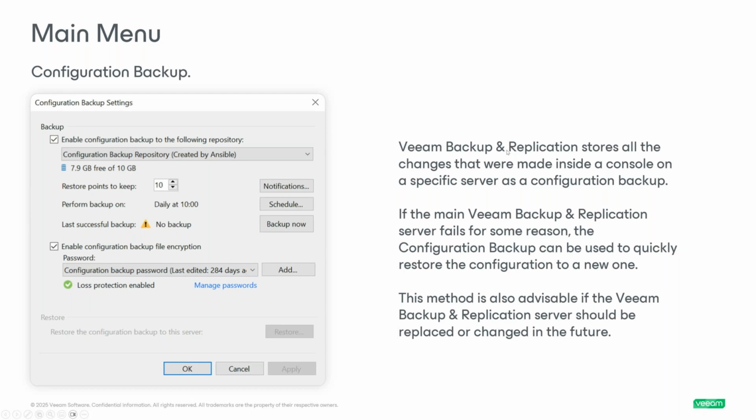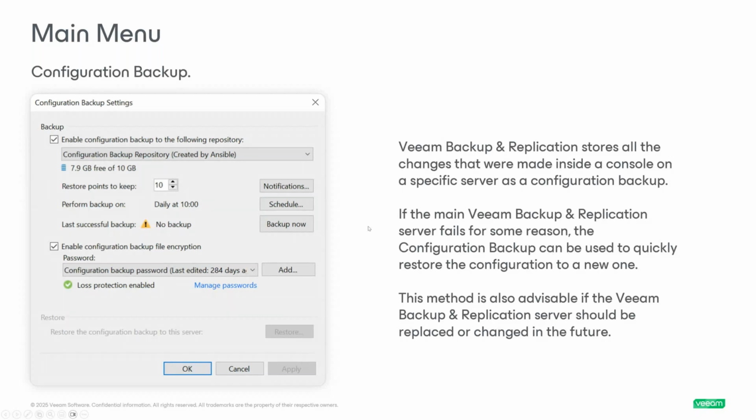It allows you to create a configuration backup policy, with a number of restore points, the time at which the configuration job will run, and the location where you will be able to send that. It also allows you to encrypt it, and the encryption part is necessary. It's one of our best practices, so we highly advise to do that.